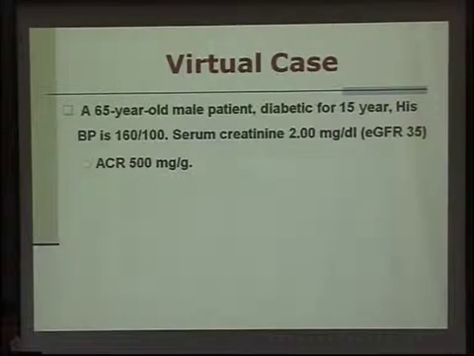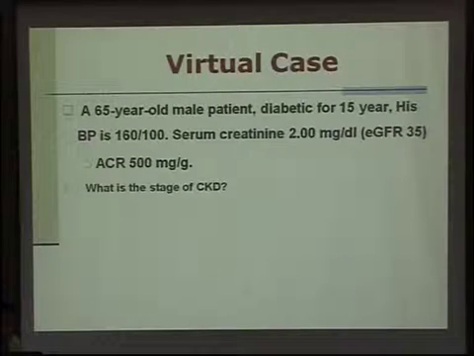And albumin creatinine ratio is 500 milligram per gram creatinine. It's clear? The first question, what is the stage of chronic kidney disease here?